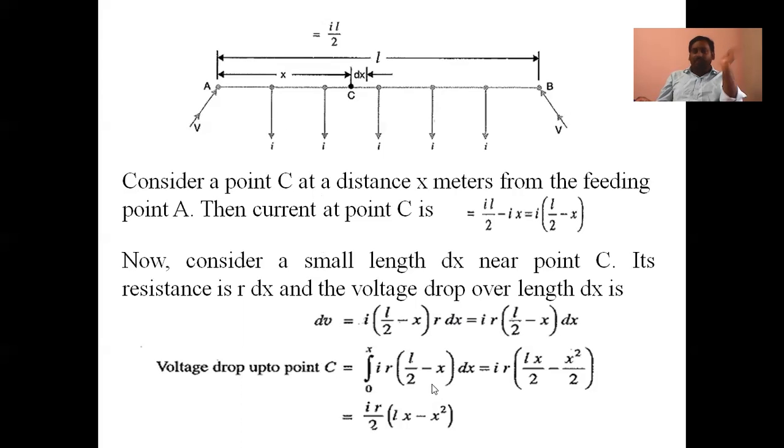Integral dV is V, integral 0 to x of i r (L by 2 minus x) dx. That means i r (Lx by 2 minus x square by 2), that is, i r by 2 (Lx minus x square).